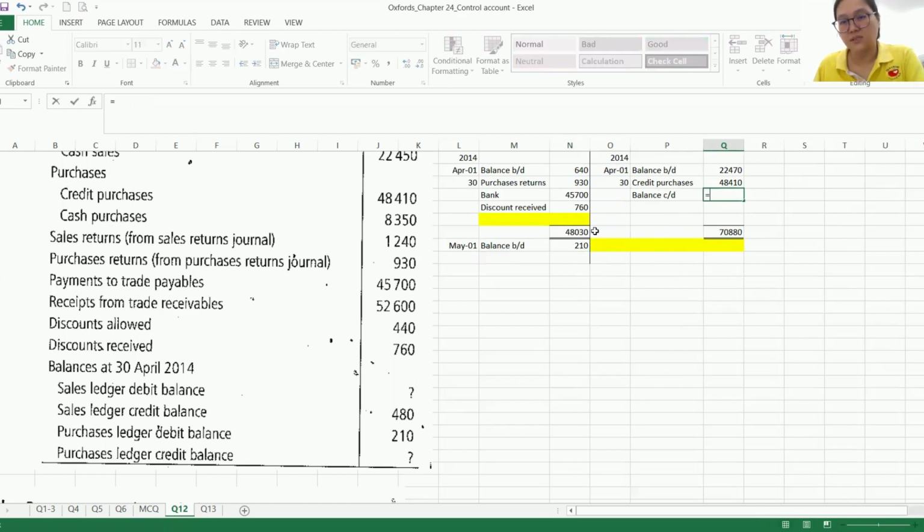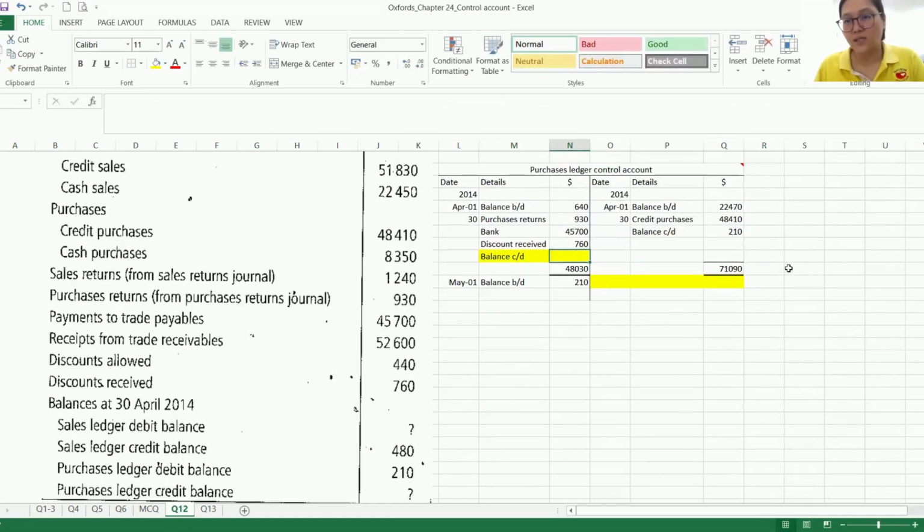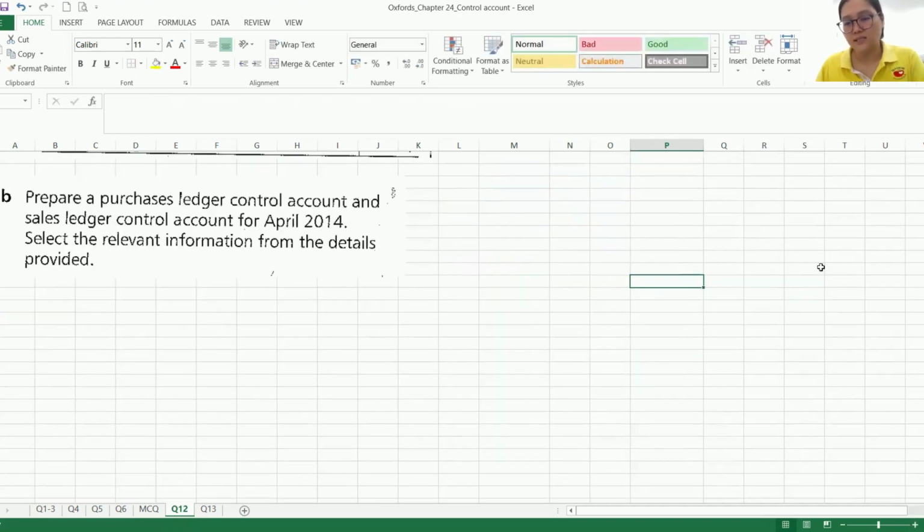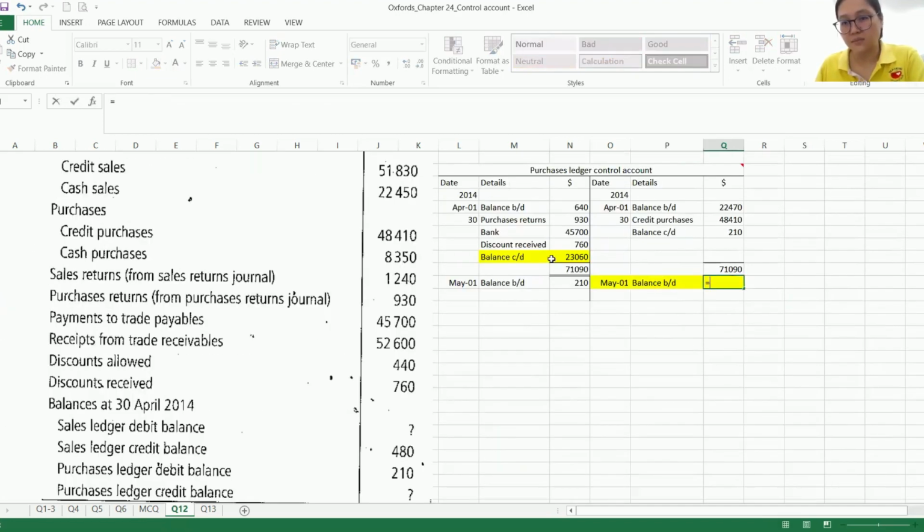So this amount is put here. The amount that we have to find is the balance carry down for the purchases ledger control account. Take the credit total minus the debit total, so we get this amount. So transfer to the following month. As I say, always remember balance carry down and balance brought down must be one complete set. That is the one set rule you must have, because the marks are normally given here.